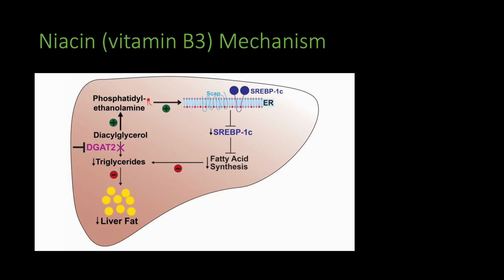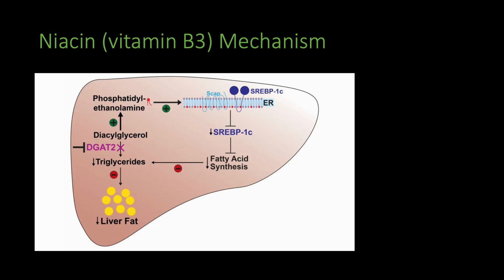The niacin mechanism. Niacin is vitamin B3, and niacin inhibits a similar type of transporter, the DGAT2, which is essentially used for the conversion of triglycerides to the liver fat. So when you block the DGAT2, you're going to block that production of the liver fats and the triglycerides. So it's going to decrease it. That is what this medication does in the liver.